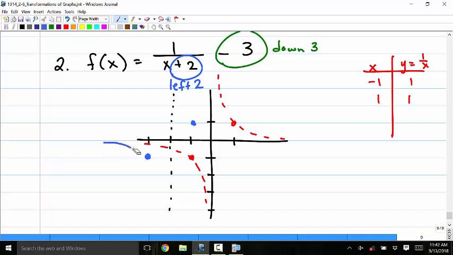Asymptote. Isn't that a fun word to say? Okay, so that moved it left 2, and now I need to move them down 3. 1, 2, 3.